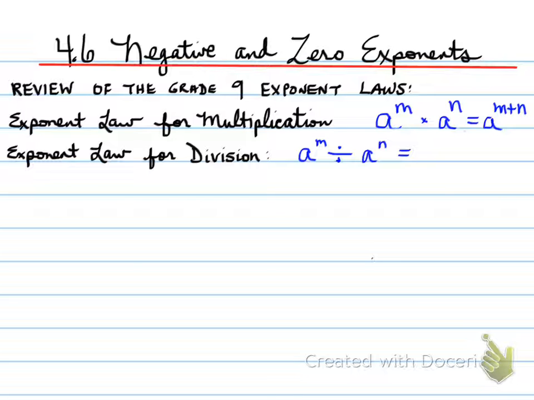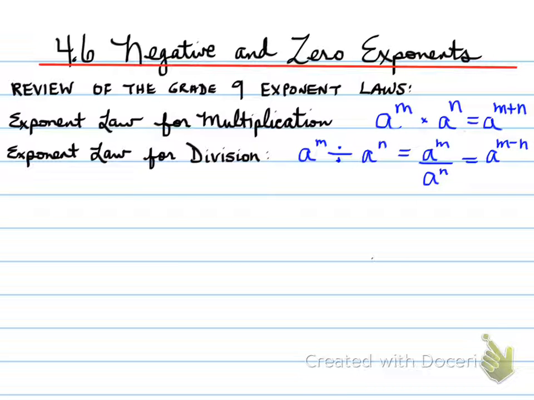A to the power of m divided by a to the power of n, or it could be written as a to the power of m over a to the power of n. What will that equal? In this case, we have two different powers with the same base, and what I can do is keep the base and subtract the exponents.